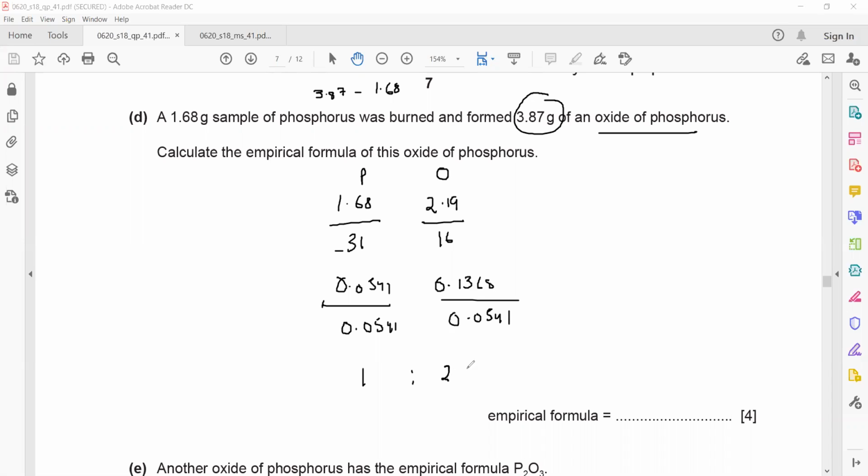So whenever one of the values is 2.5, 3.5 or 4.5, we multiply both of them by 2. So basically the answer is P2O5, the empirical formula. Is it clear?